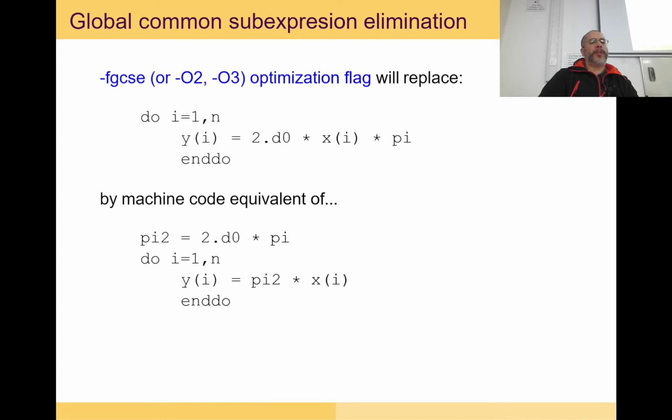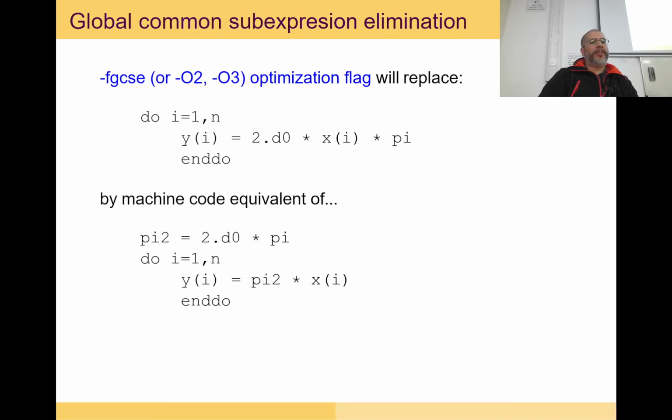One is 2 times x, the other is x_i times pi. So that's 2 multiplications per execution of the loop. We can save on that by calculating 2 times pi just once and doing just 1 multiply inside the loop. That saves a lot of operations. If your array size is very large, you literally save n operations here.